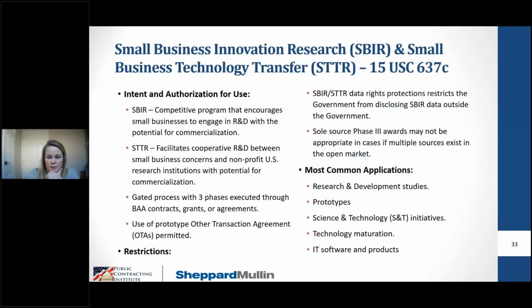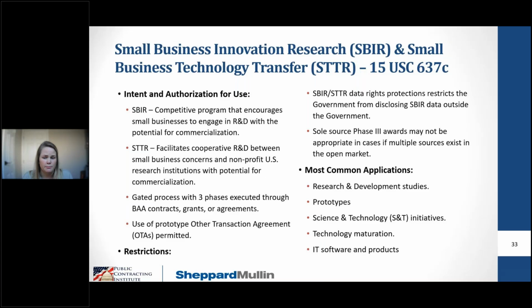Speaking of research and development, taking a step now outside of the world of FAR-based contract types, let's talk for a second about DoD small business research and development programs, the SBIR and the STTR. These programs include a competitive three-phased process to solicit proposals from small business concerns for research and development, production, services, or any combination thereof to meet the government's needs.